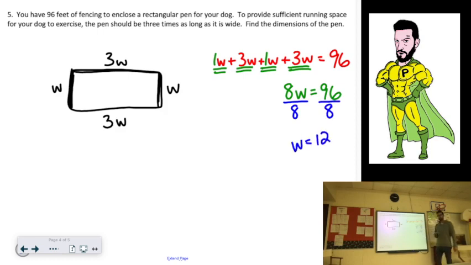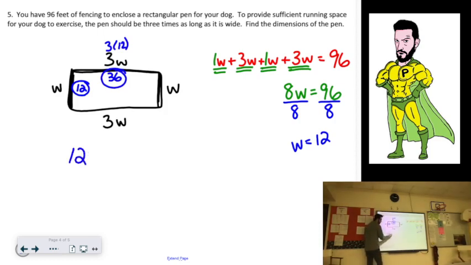But it doesn't say to find W, it says figure out what the dimensions are. So the width would be 12 feet, because that's what W equals. But the length is 3 times that, so 3 times 12, which would be 36. So the dimensions are 12 feet wide by 36 feet long.